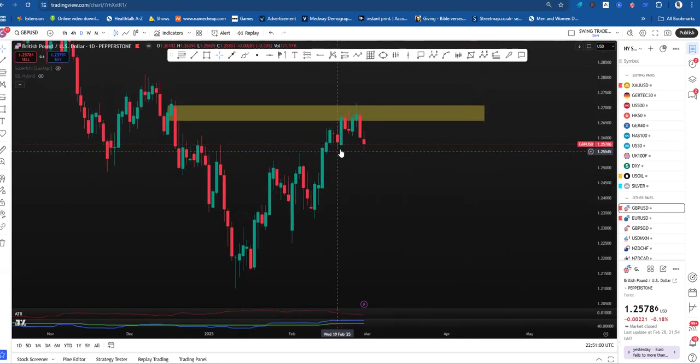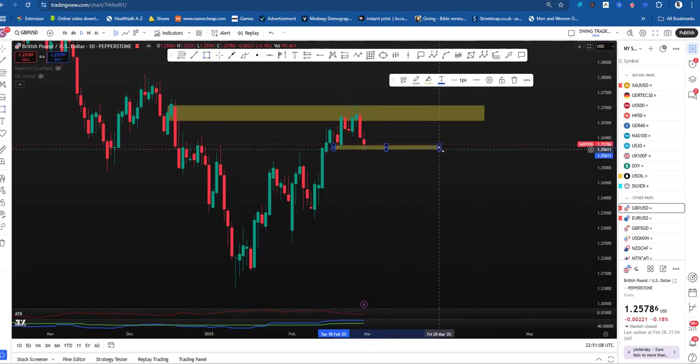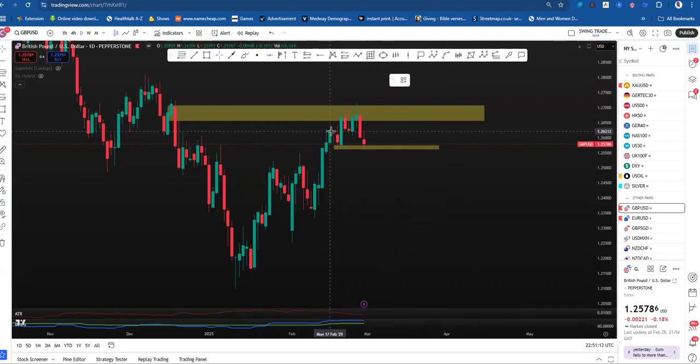This level where price is at, we're going to mark it, which will be a support level. Meanwhile, I'm going to put it close to 128, but let me just put the line right there.